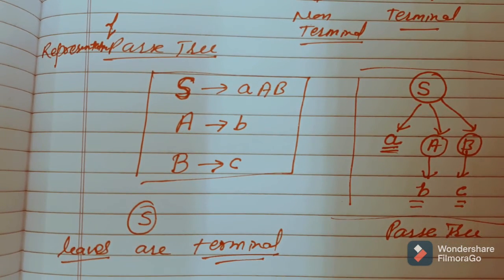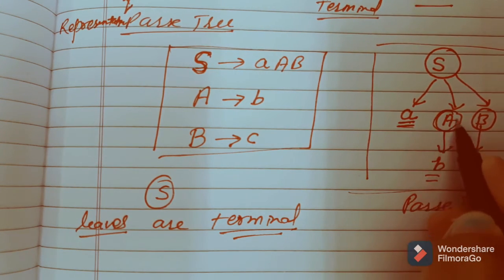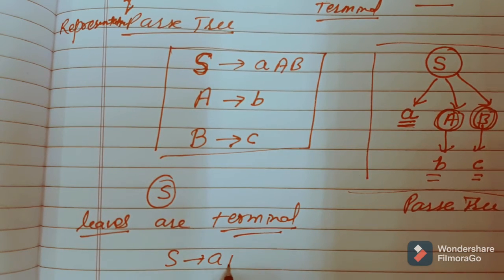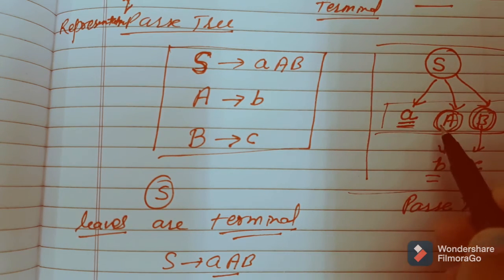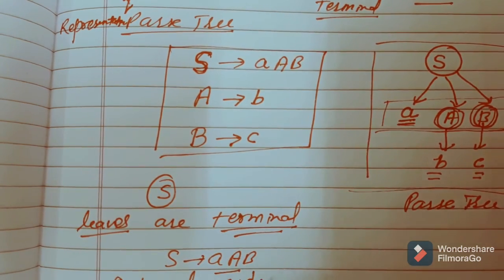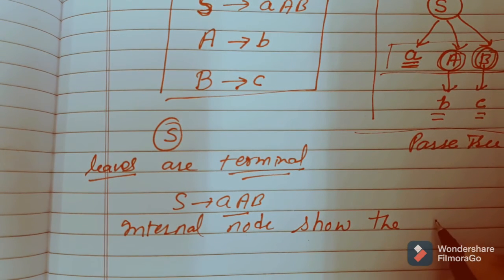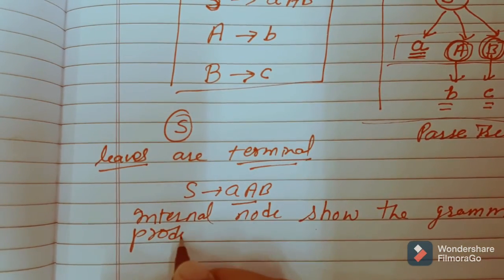And now what about the internal nodes? Look at the internal nodes. What we find is that these internal nodes contain the production, like this, S tends to AAB. So this production is in the form of these internal nodes. So internal nodes show the grammar production.